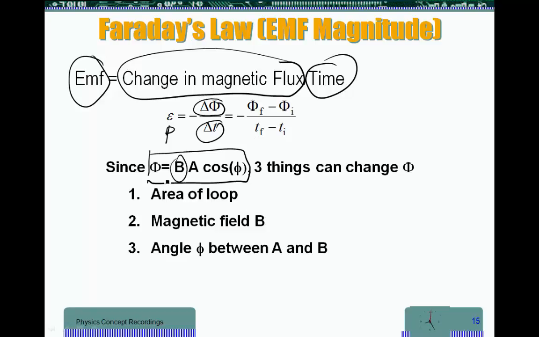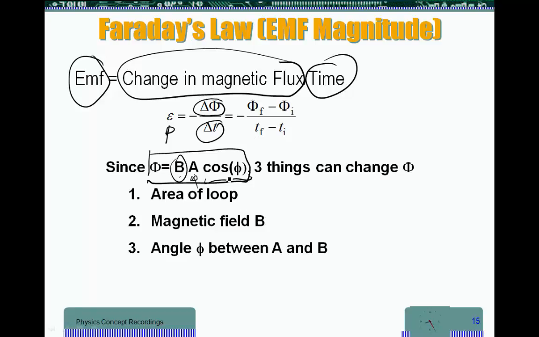When you think about flux, think of the magnetic field as something flowing, and flux is referring to flow. How much magnetic flux is flowing in this area A. The phi is the angle between the perpendicular to A and B. We'll get back into that in a little bit.